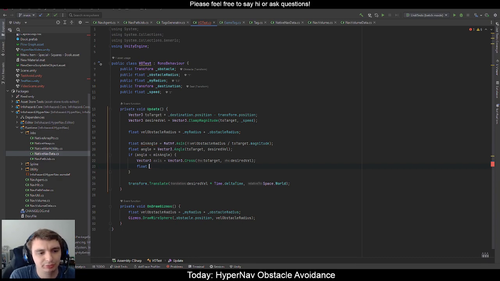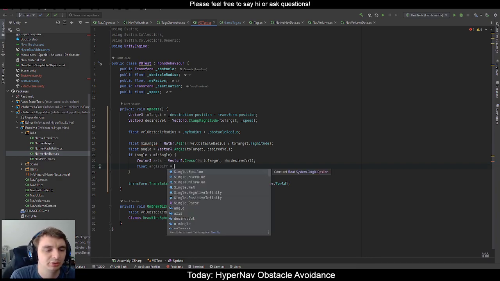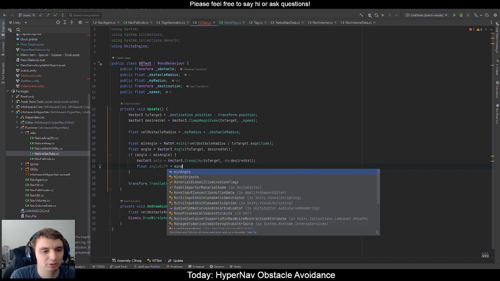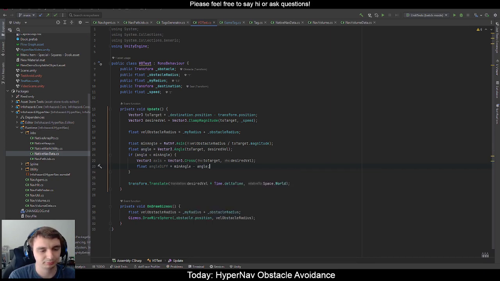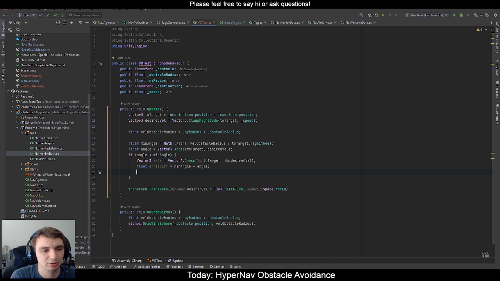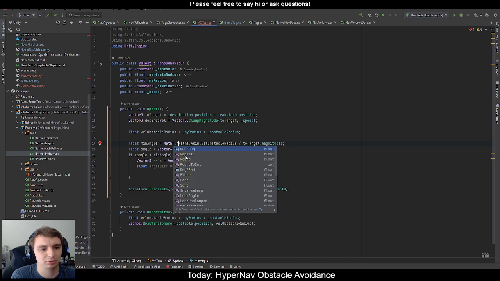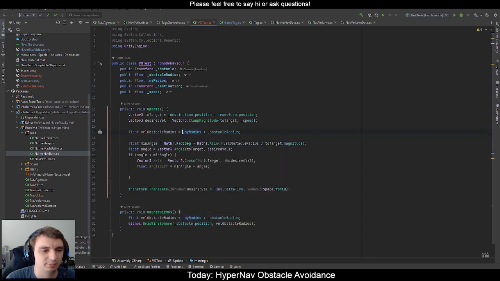Then we need the angle difference equals angle minus minimum angle, right? Or no, min angle minus angle. Then we need to rotate it around that axis by this angle difference. Oh, and I'm realizing I'm going to deal with a radians versus degrees issue, so we need to do Mathf.Rad2Deg times that. All right, now everything else should be in degrees.